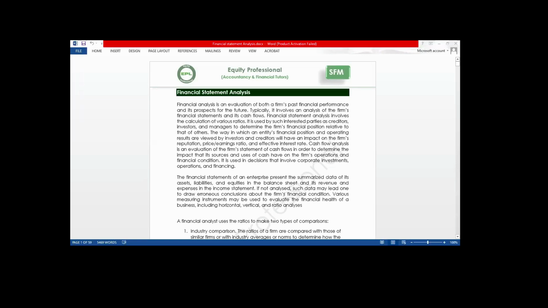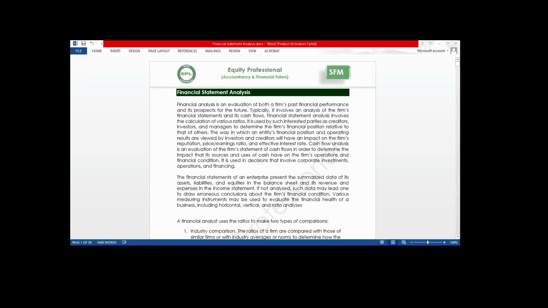For example, you can compare the financial result of 2023 with the financial result of 2024, with the financial result of 2025. If you are doing that, you are doing trend analysis.